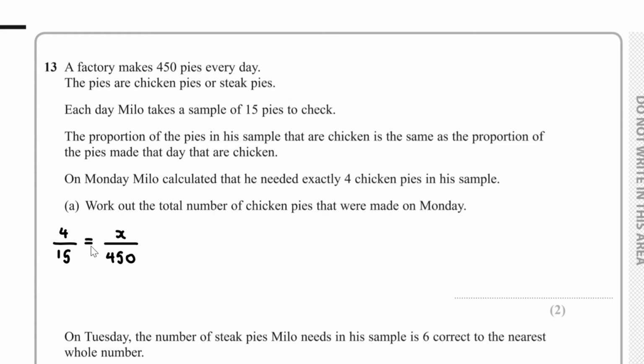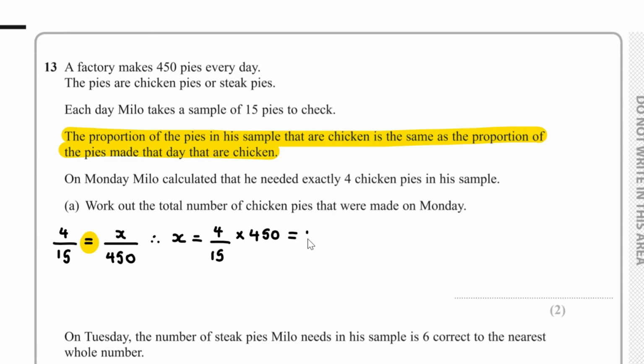These are equal because of this statement over here. Now if we find out what x is equal to, 4 over 15 times 450 is 120.